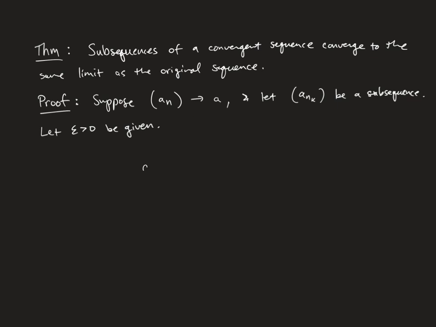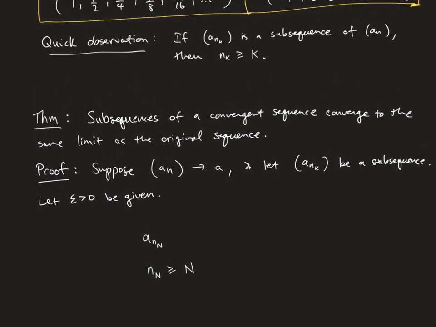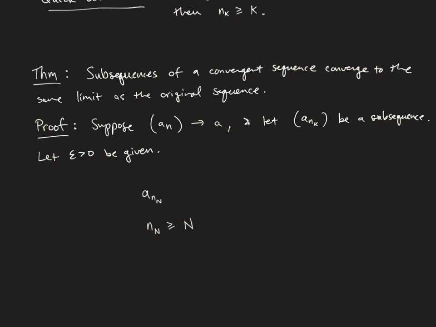But if we go out to a sub n sub N, what we have is that n sub N is bigger than or equal to N, by that fact we discussed up here, that n sub k is bigger than or equal to k. So if we go out to capital N and beyond in our original sequence, and we go out the same number of terms in our subsequence, we're only going to be even further along down the road.